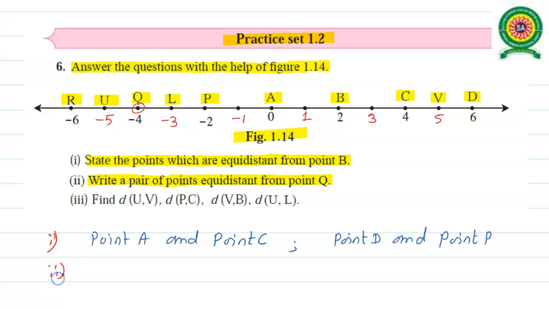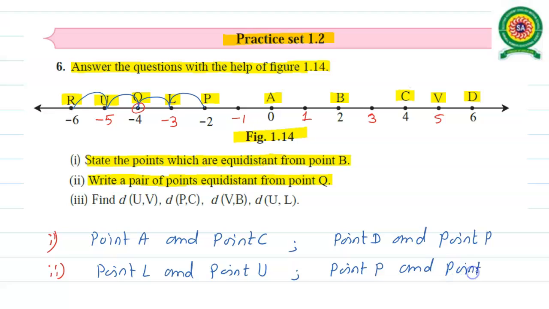So we are writing now the points which are equidistant from Q. Towards the right of it by 1 unit place we have L, and towards the left of it by 1 unit place we have point U. So we have point L and point U that are equidistant from point Q. Now the next pair of points equidistant from point Q: 2 units towards the right of Q is point P, and towards the left of Q we have point R. So point P and point R are equidistant from point Q.